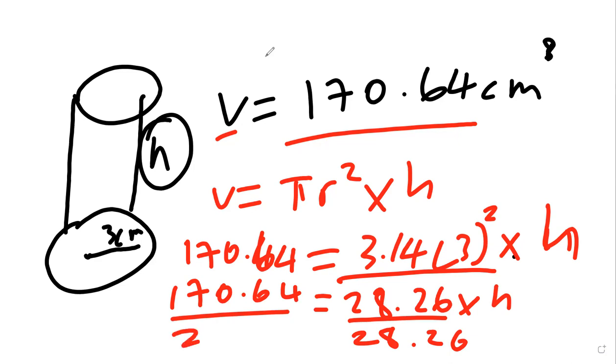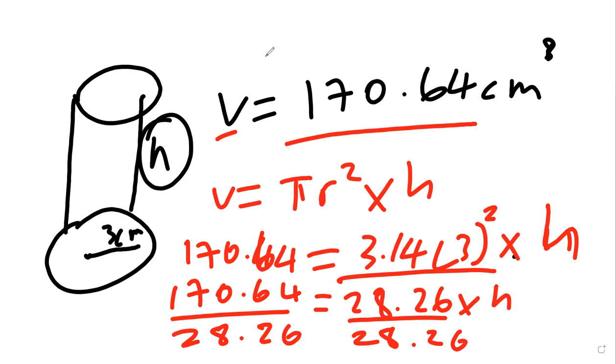What I do on one side, I do the same thing on the other side. So 170.64 divided by 28.26, and I'm going to round my answer to 2 decimal places.